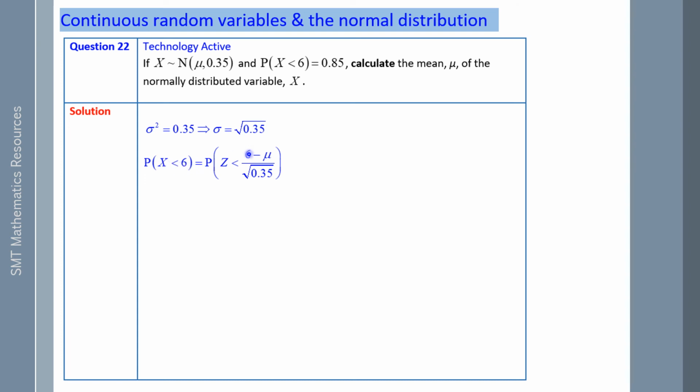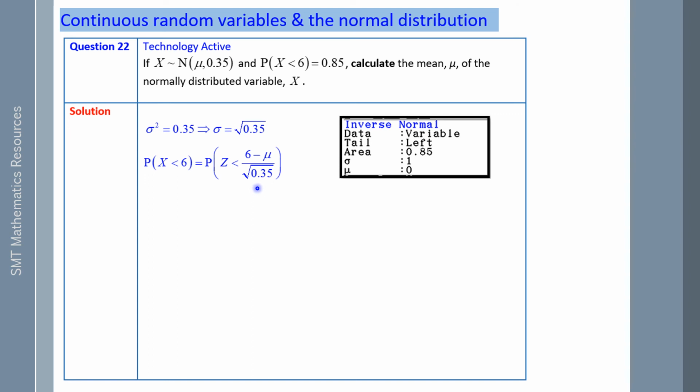So x minus mu over sigma, so 6 minus mu over sigma. Using our inverse normal distribution function on our calculator, we want to work out a z score that makes this true. So we can figure out the z score, we can then use it to solve for mu. So to the left is 85%. I'm using a standard normal values here of 1 and 0.